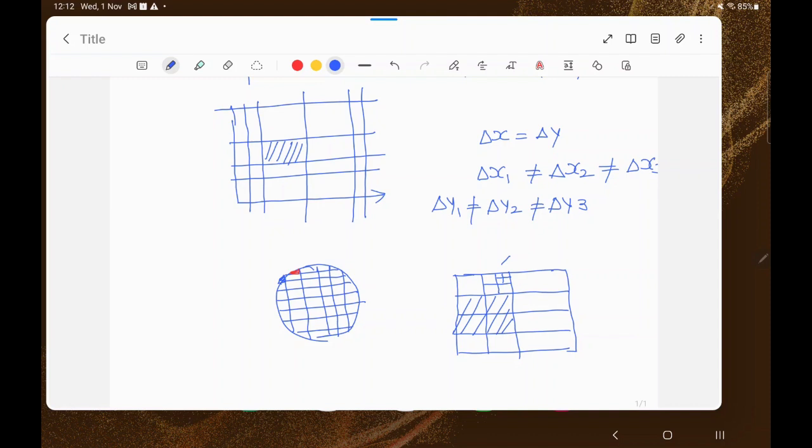If I increase the number of cells, the simulation time will go up. So I put the cells as per the requirement of the solution. Somewhere larger sizes, somewhere smaller. Whenever I increase the size, the simulation time will reduce. Whenever I reduce the size, simulation time will increase. This is called grid adaptation.